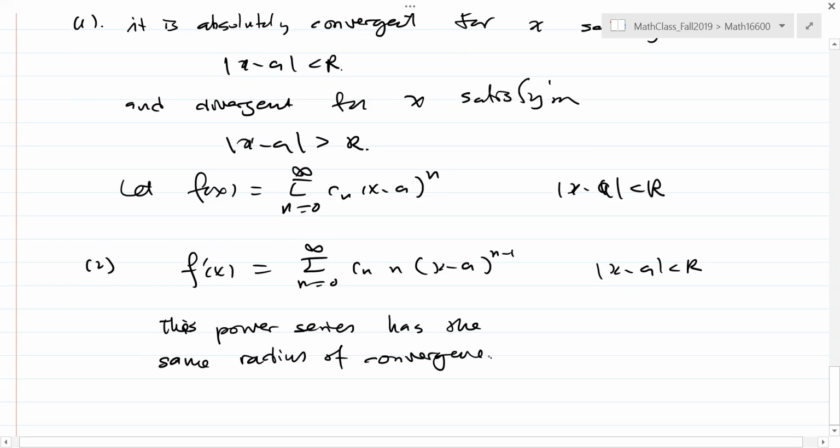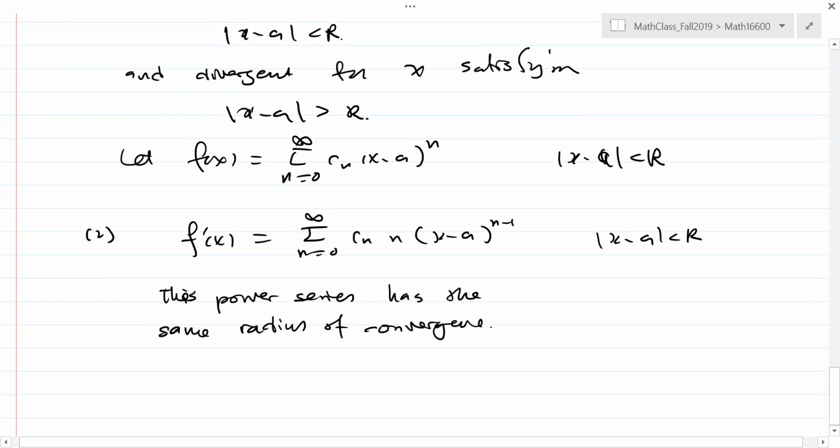You're not going to get a worse power series after you differentiate each term. It's possible it gets a little worse, but only at the endpoints. Inside, it is absolutely convergent to the derivative, not just convergent, with the same radius of convergence.